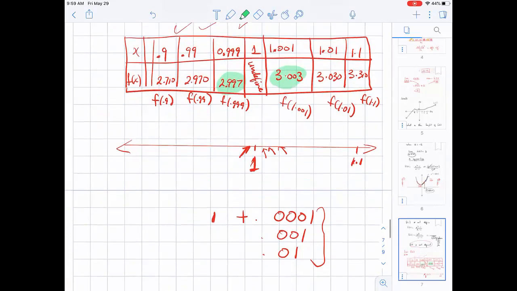What number do you think they're meeting up at? 3. If this is 3.003, which is almost 3, and this is 2.999, that's almost 3. They're meeting up at 3, right?